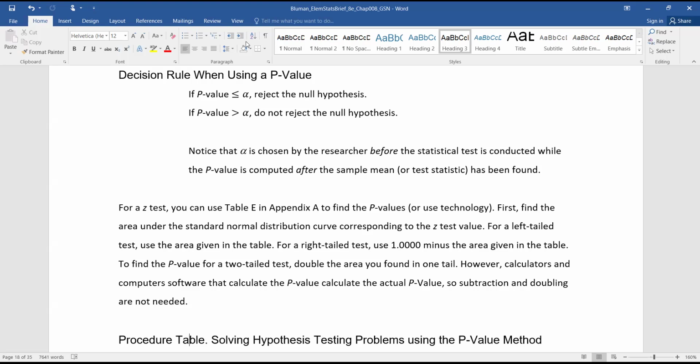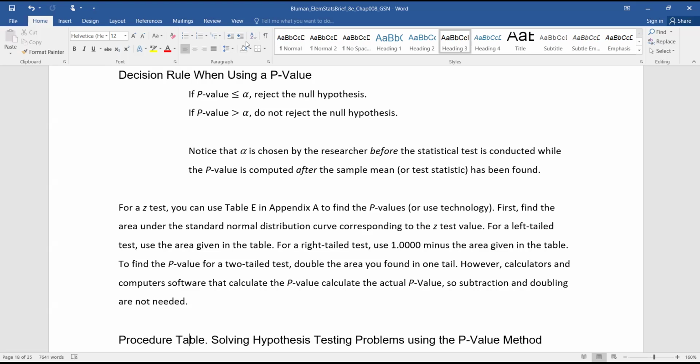For a z-test, you can use table E in appendix A to find the p-values, or use technology, but we've been using the table, so that's what we'll stick with. First, find the area under the standard normal distribution curve corresponding to the z-test value. For a left-tail test, use the area given in the table.